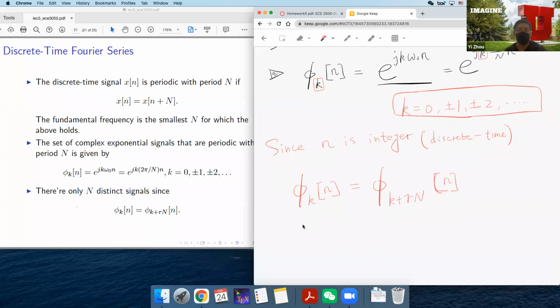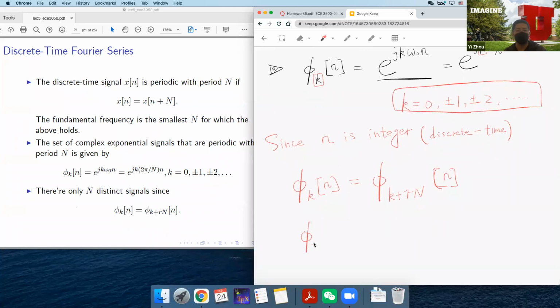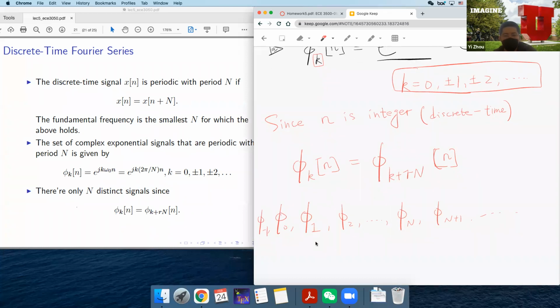However, it turns out that if we write them one by one, we have phi_0, phi_-1, phi_1, phi_2, and so on, and it turns out that phi_1 equals phi_(N+1), phi_2 equals phi_(N+2).